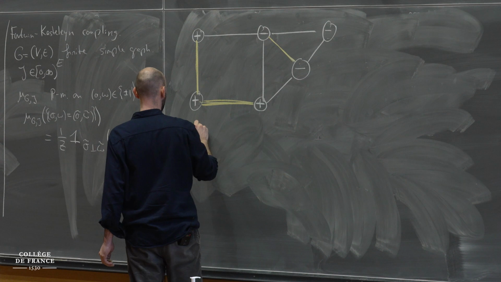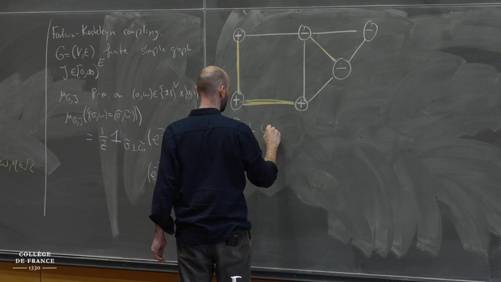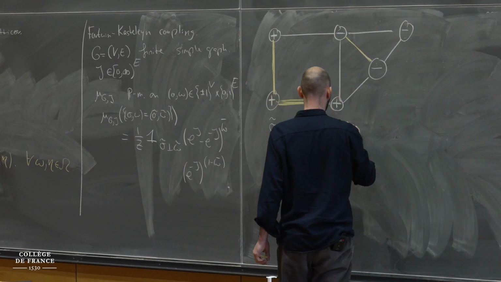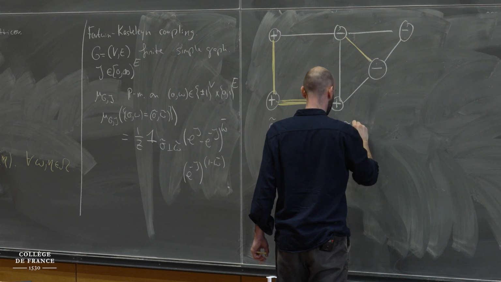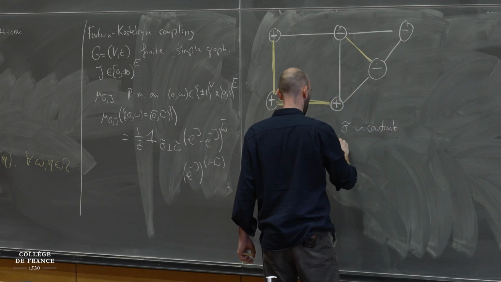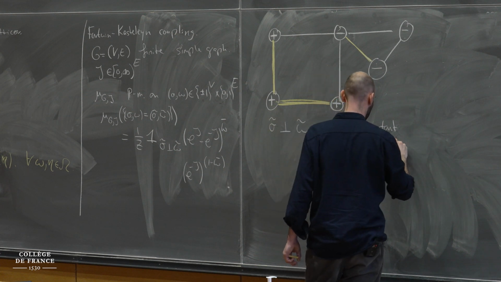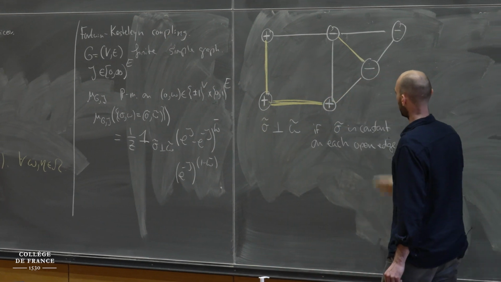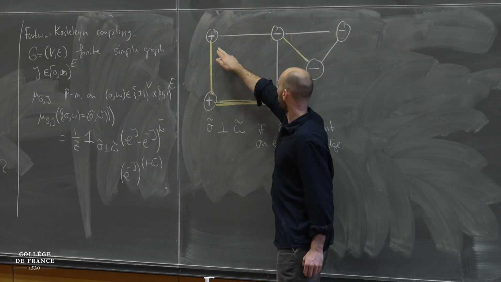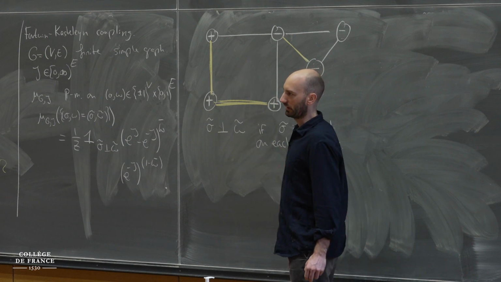And we say sigma is consistent with omega if sigma is constant on each open edge. So in this case it's consistent, and we see of course that the pluses and the minuses are not connected, because if they were connected there would have to be some edge connecting a plus to a minus.